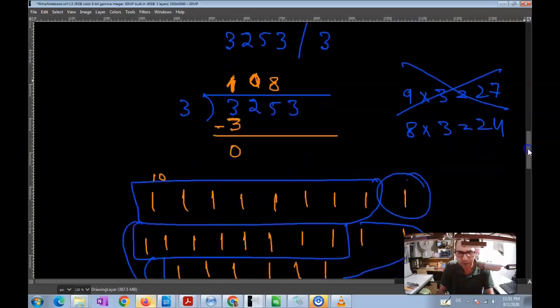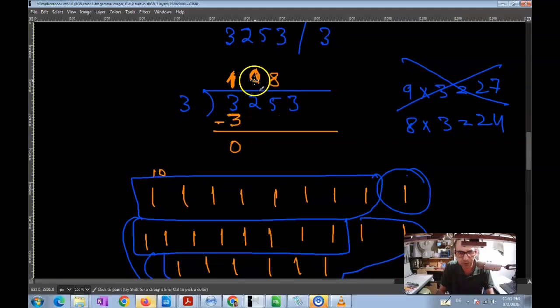And then what you will do is bring down the next digit, which is the 2. And then you will ask the question, 3 goes into 2 how many times? The answer was 0. And then, because we had to break those groups up in order to make 5 groups of 10, I will bring another digit down.